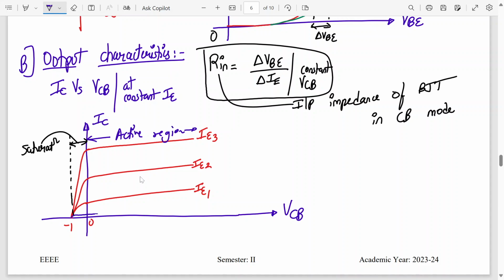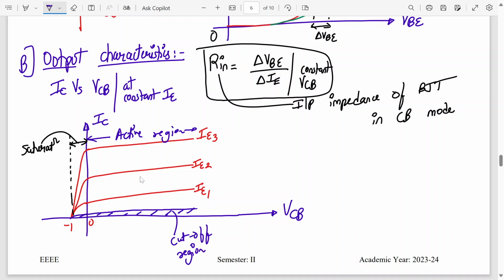And there will be a cutoff region almost on the x-axis because the value of the current is very low, somewhere around here. So this is my cutoff region. Again it shows you the different regions of operation of a BJT in the output characteristics.